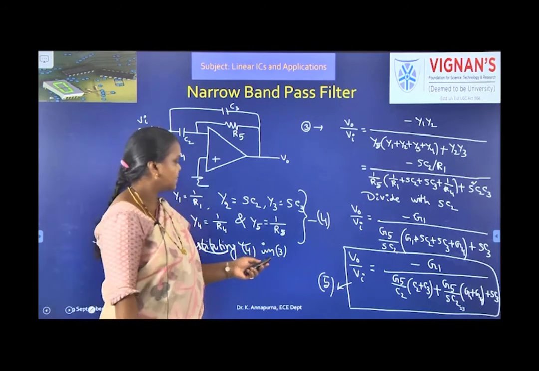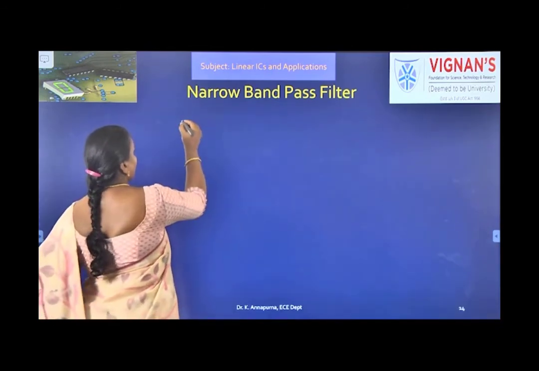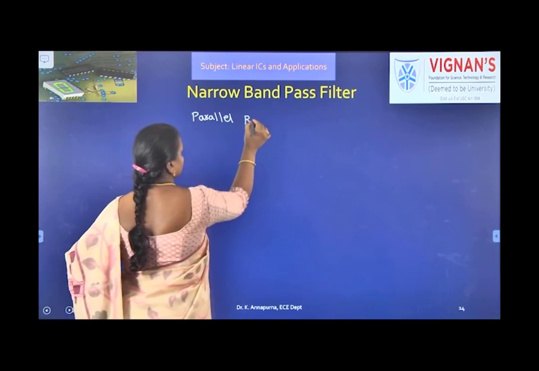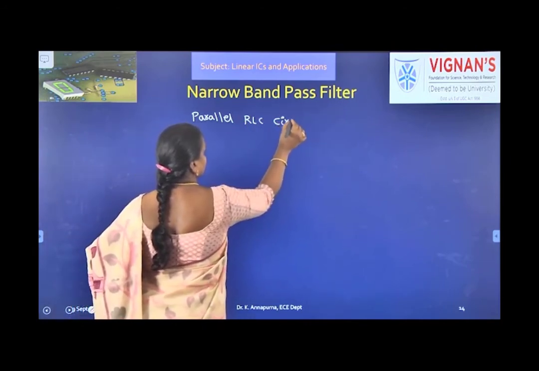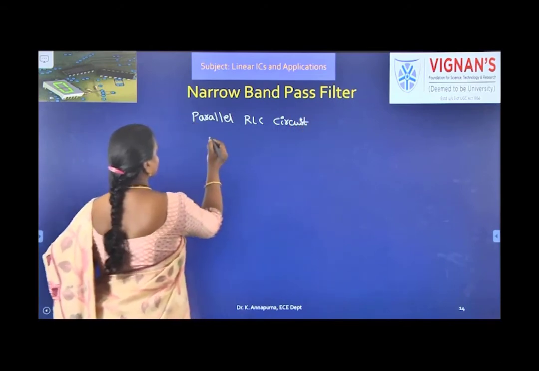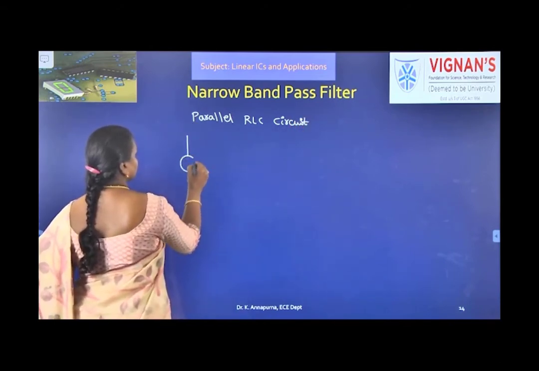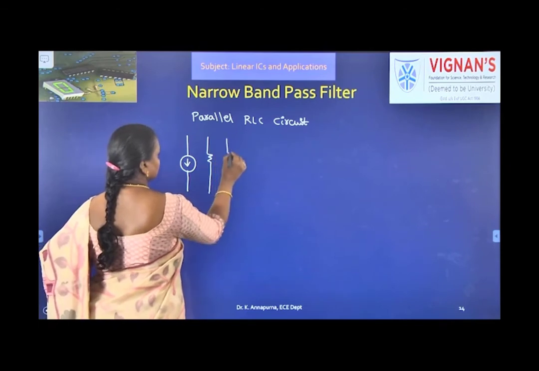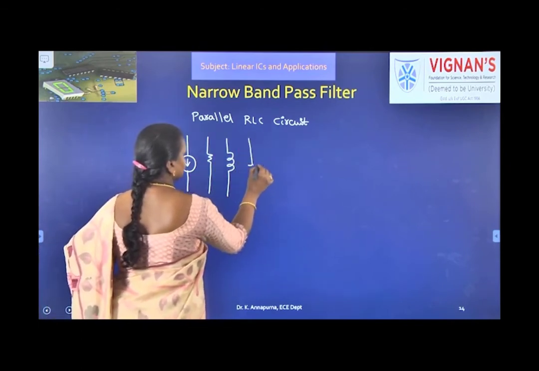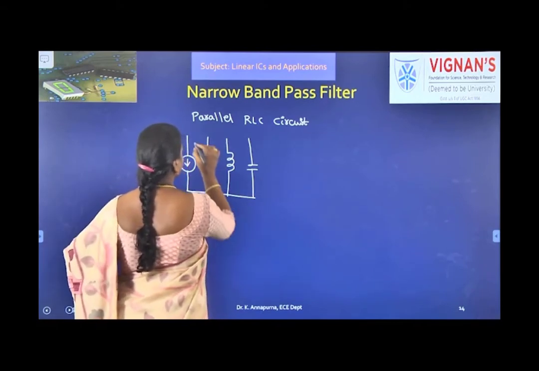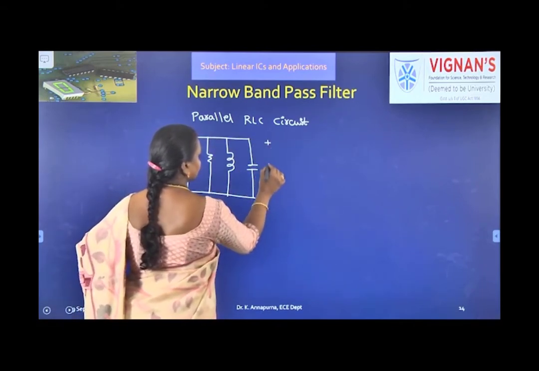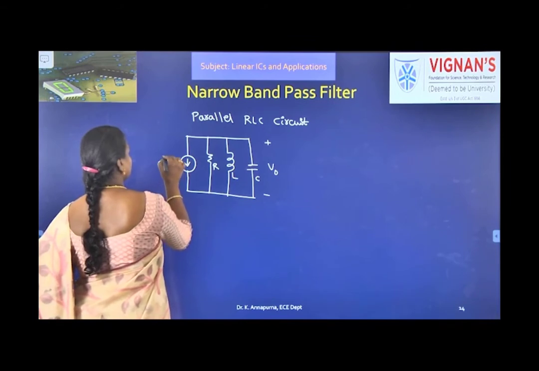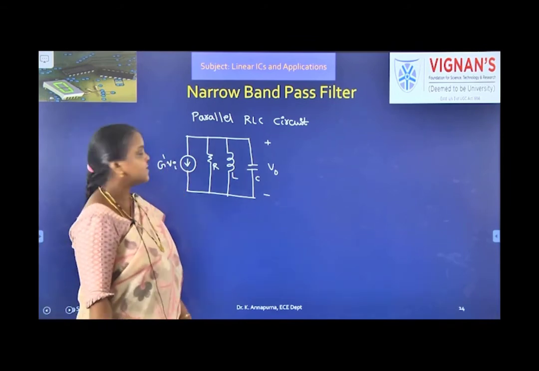How? Let us see. So parallel RLC circuit. And the current source value is G dash Vi.